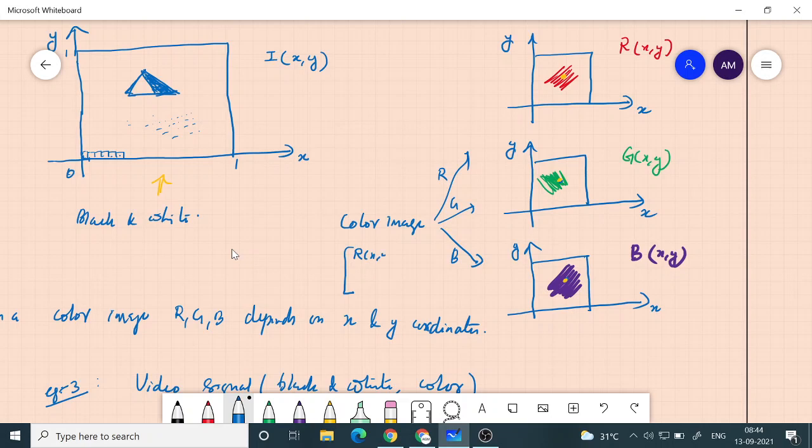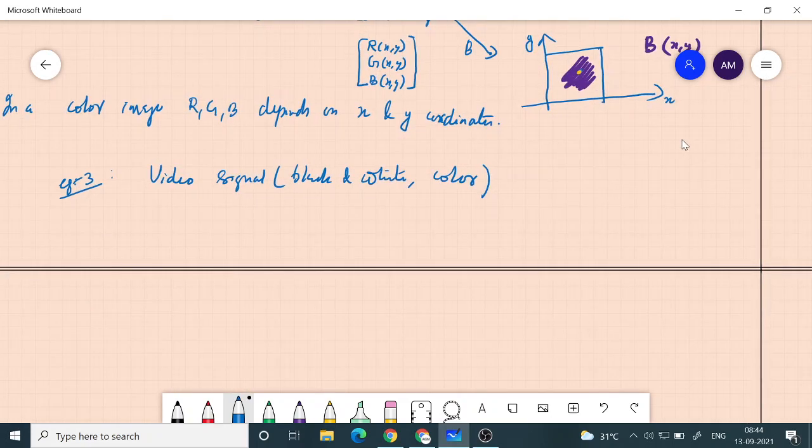R as a function of X and Y, G as a function of X and Y. These are components. So this is the way mathematically you can represent a color signal. Whereas here, black and white, we will have I, intensity, grayscale as a function of time. How about color video signal? How do we represent or color black and white or black and white video signal?